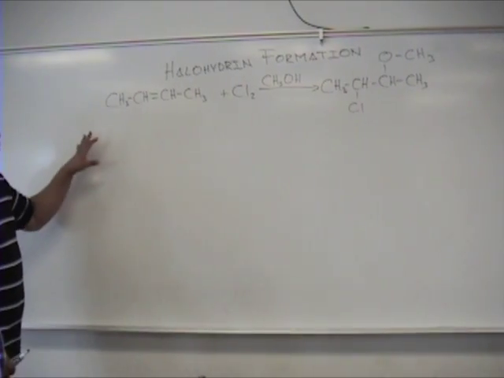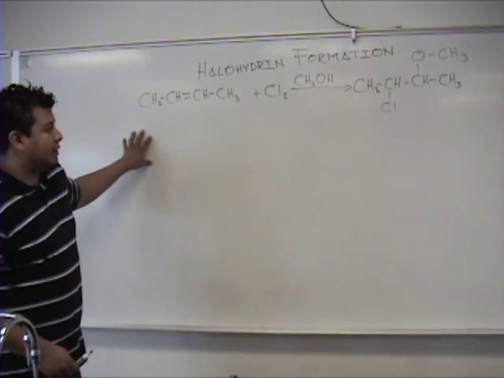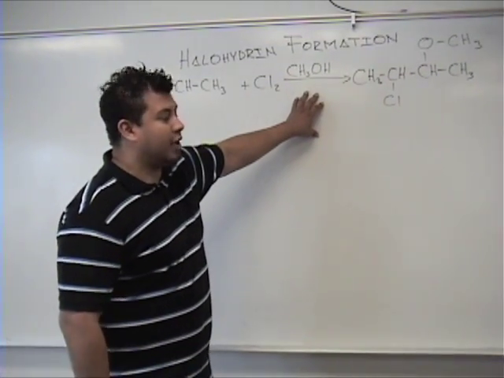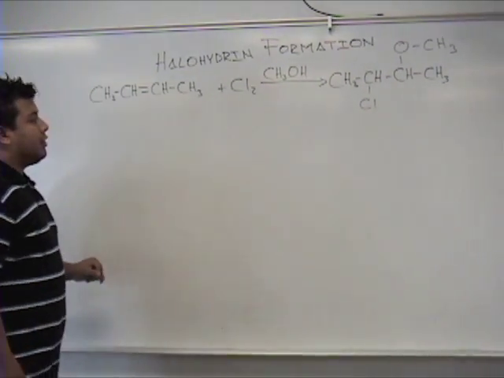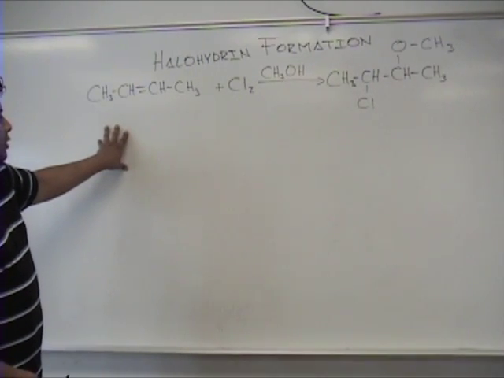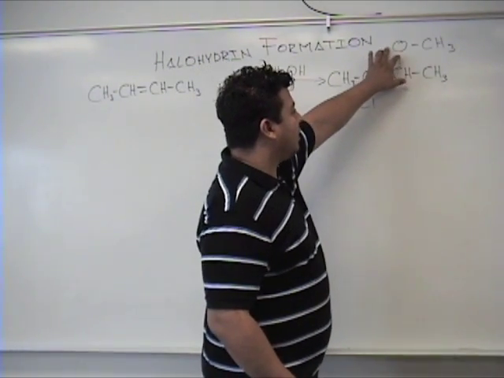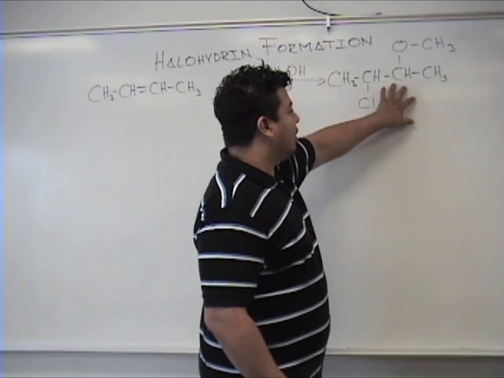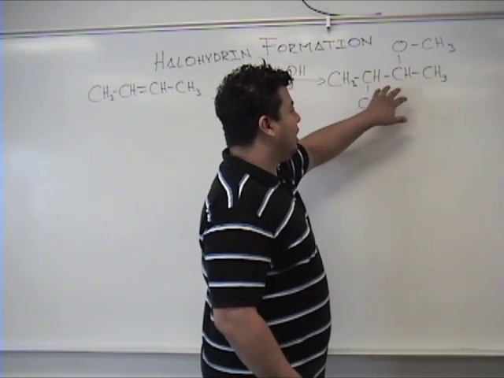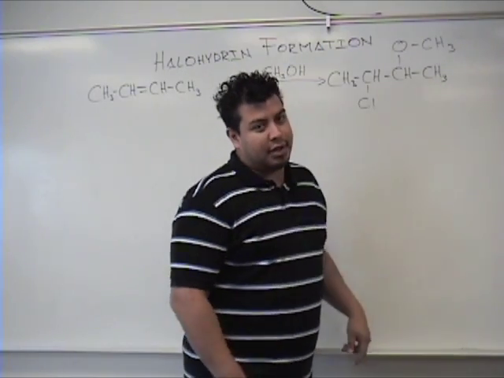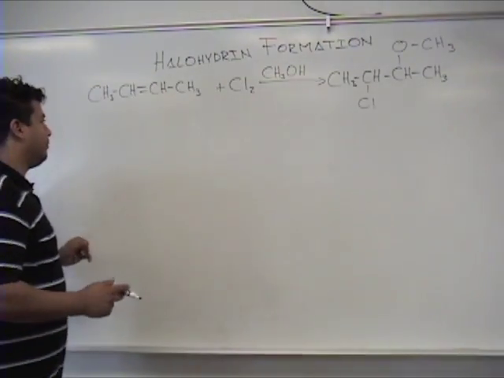Okay, let me give you another example of that. We're gonna mix things up a little bit. Instead of water, we're going to use an alcohol. So it's going to be the same reaction. So we expect the oxygen to attach to the adjacent carbon that gets the Cl and whatever is attached to it, and it loses the H. Let's show the mechanism.